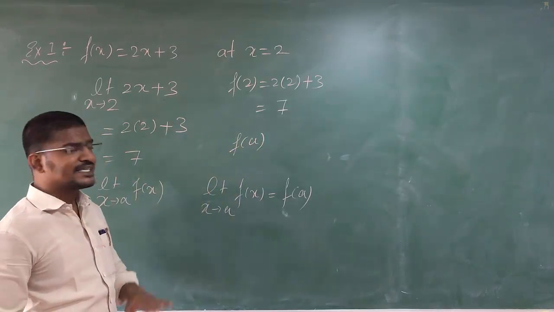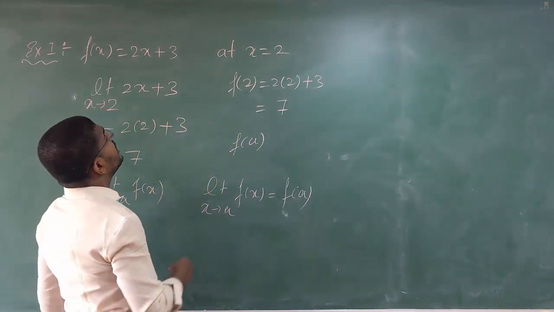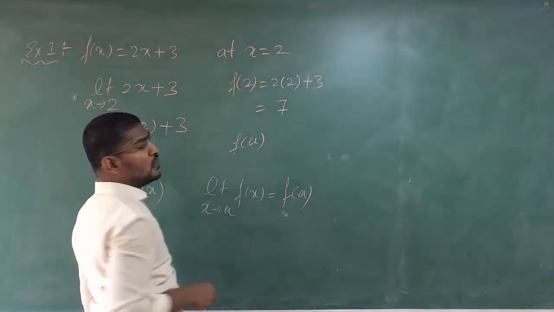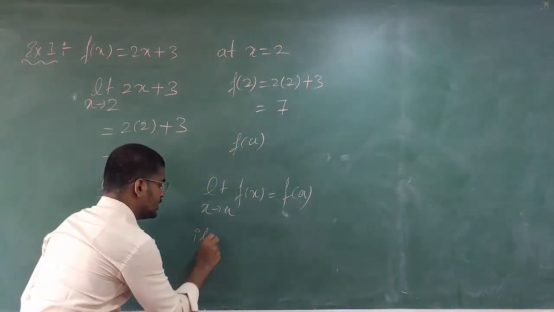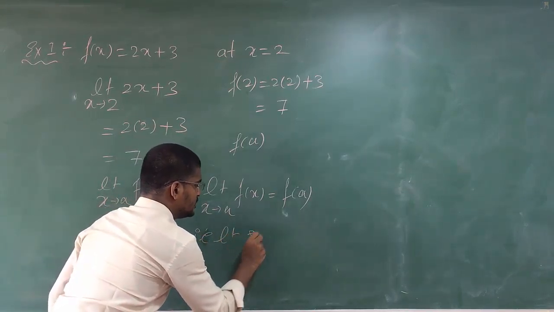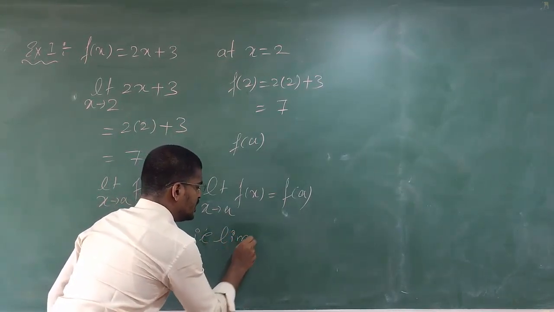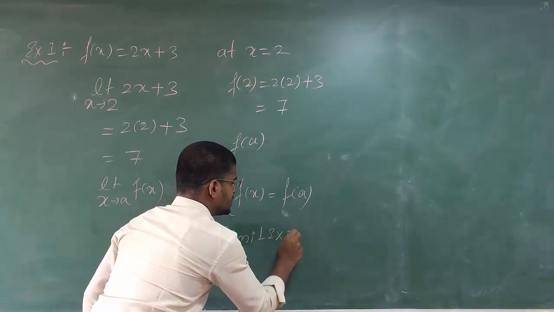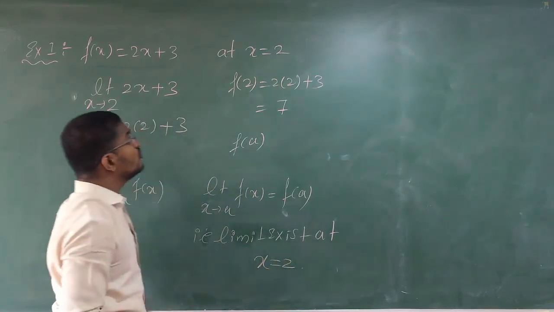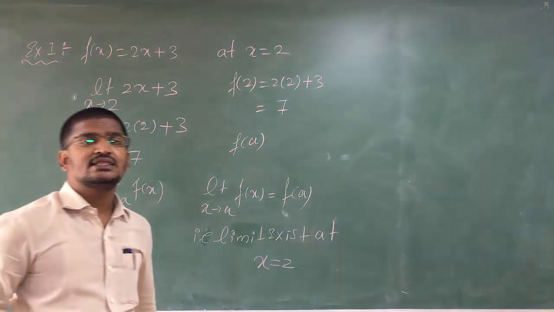So our definition is satisfied, so we say the limit exists for f of x at x equal to 2 for 2x plus 3.